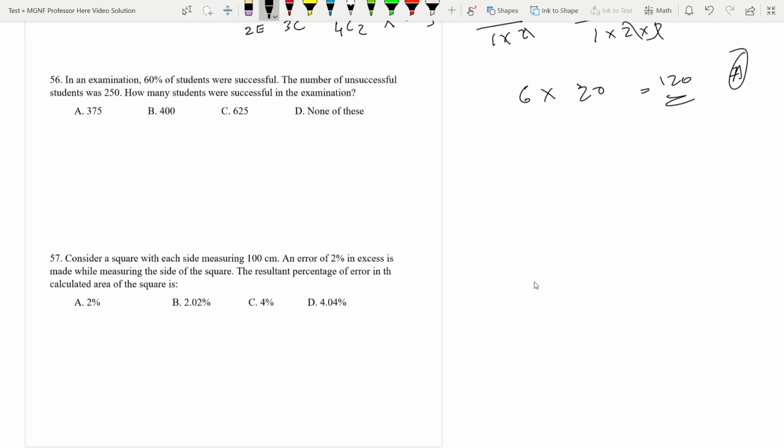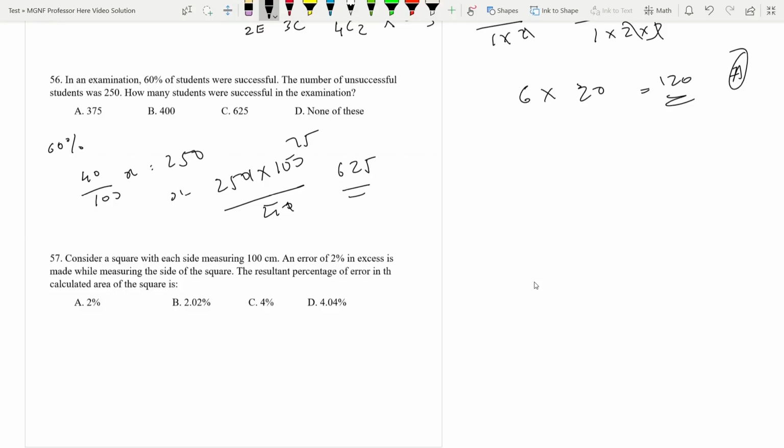Question number 56. In an examination, 60% of students were successful. Okay, 60%. The number of unsuccessful students was 250. That is 40% of x is equal to 250. How many students were successful in the examination? So x is equal to 250 into 100 divided by 40, which becomes 625. 625 is the total number of students.